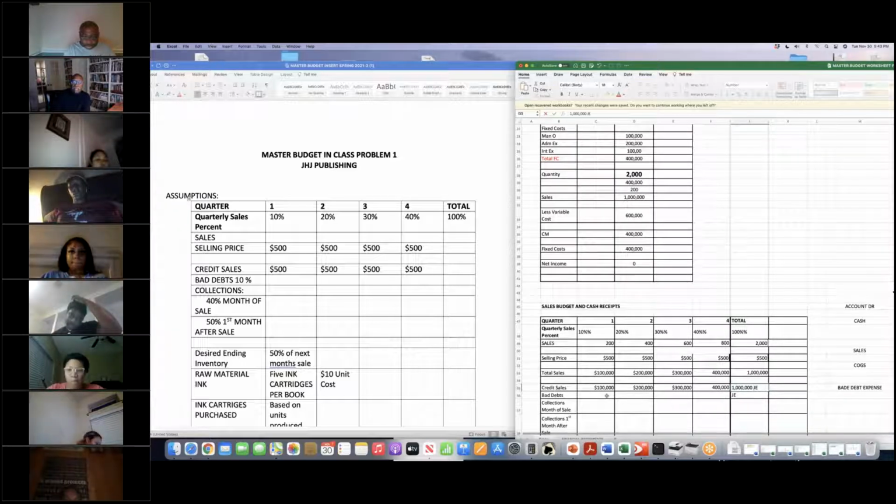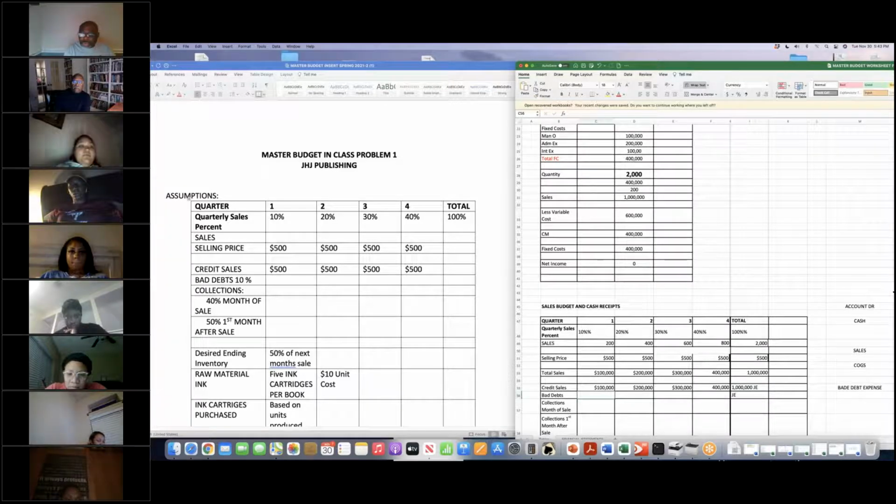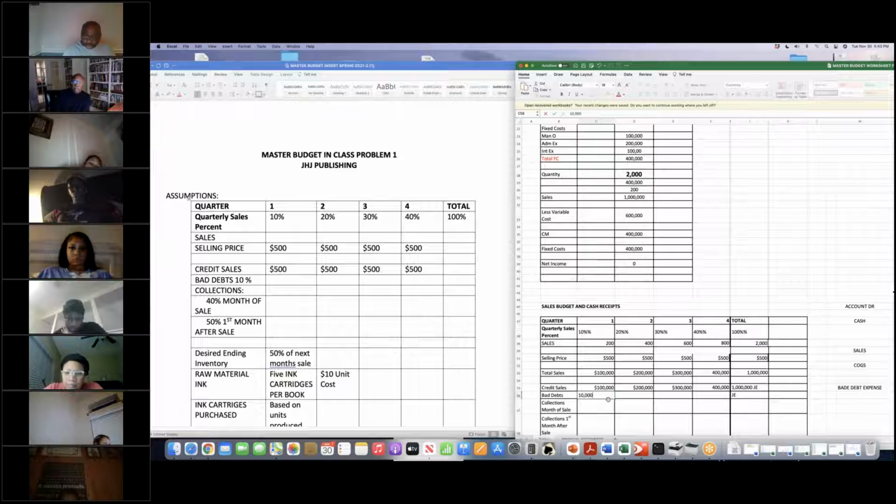The bad debts we say are going to be what? What percentage of the people are not going to pay us? And we said 10%. So if it's 100,000, we're going to have what? 10,000 not paid. If it's 200,000, 20,000 not paid.